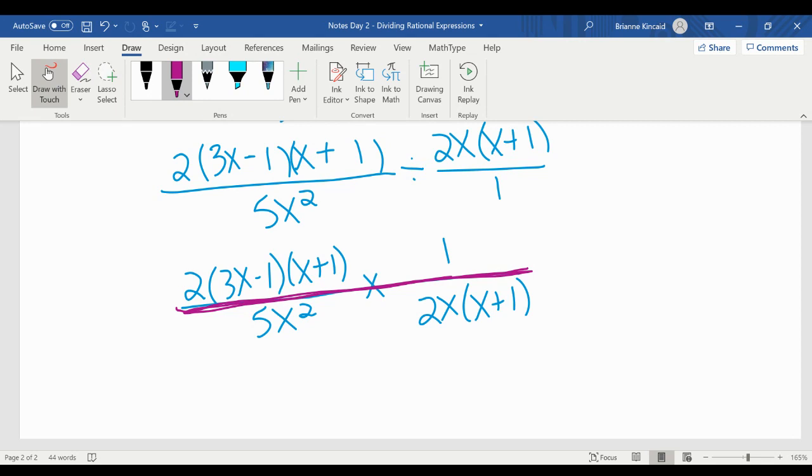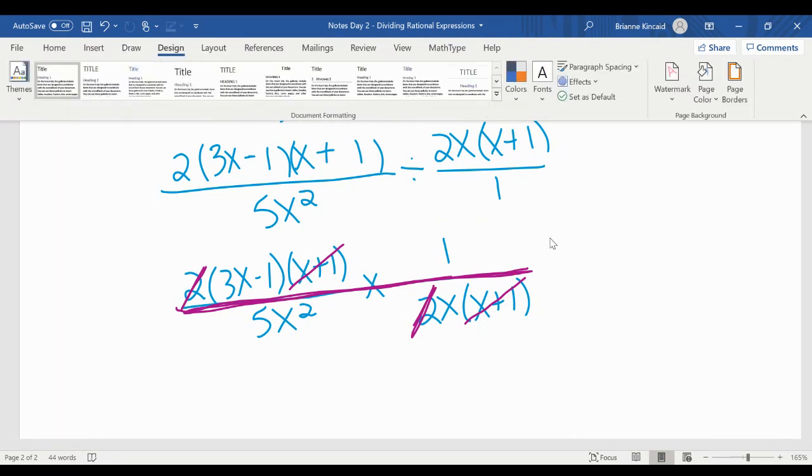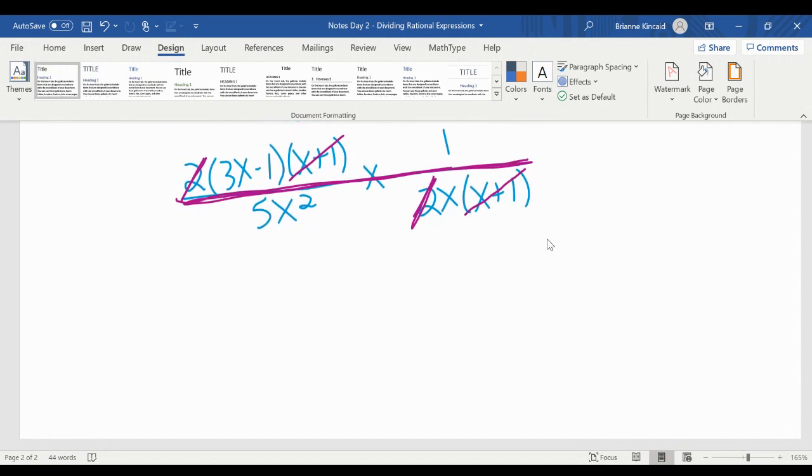And I can start eliminating x plus 1 with x plus 1. I have a 2 in the numerator and a 2 in the denominator, so those can be canceled out. What you're left with at the end is 3x minus 1 over, when I multiply these, this 5x squared times x, that's going to give me 5x cubed.